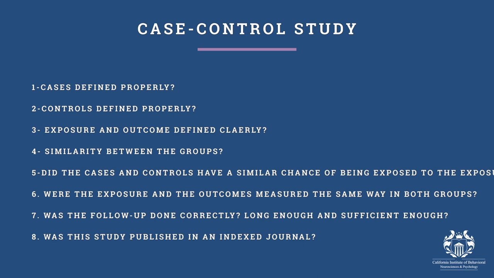If the answer to all 8 are yeses, it's an outstanding study. If it's 7, then it's an excellent study. If 6, I would say very good study. So that's how you assess the quality of the harm studies, observational studies, cohort studies and case control studies. Whenever you are checking the quality of a cohort study or a case control study, have these 8 questions in front of you and do the quality check.